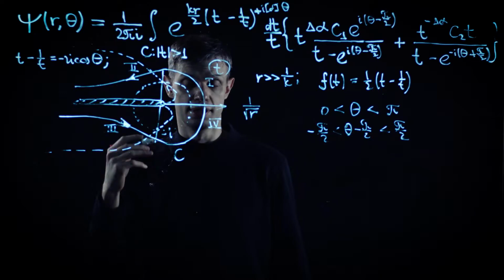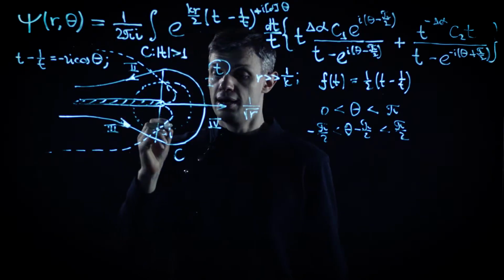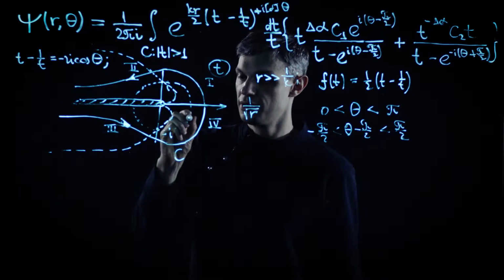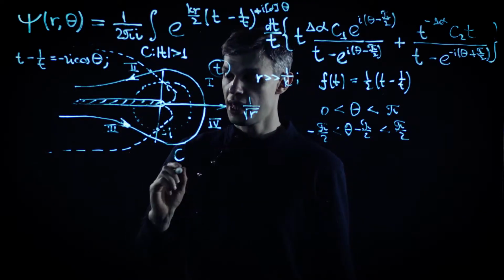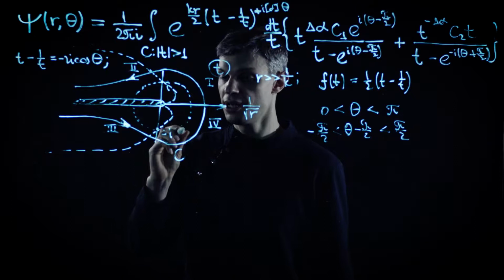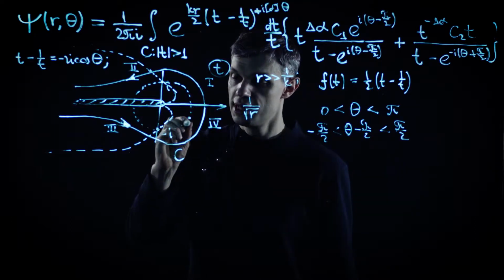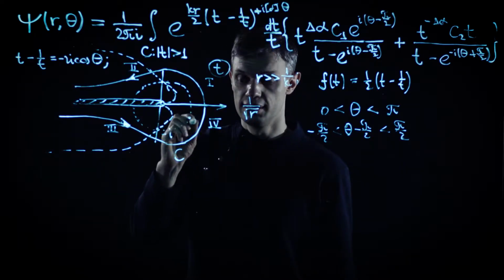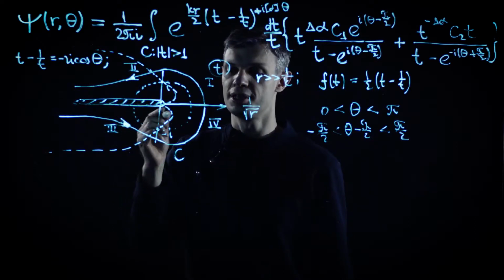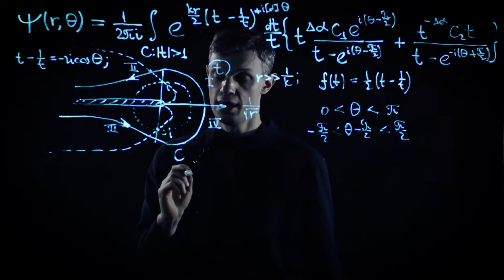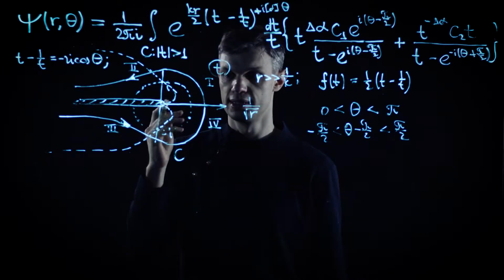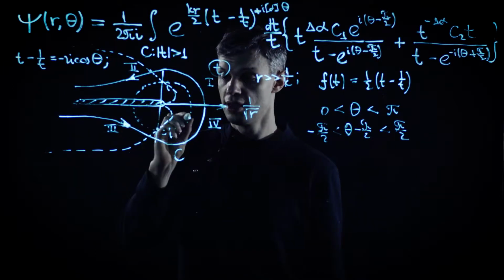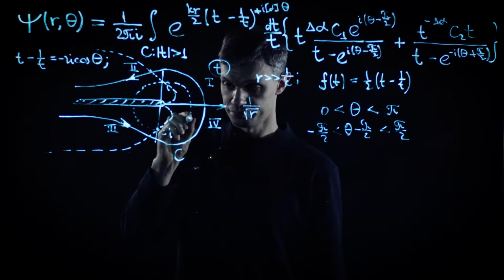So instead, what is going to happen? When we deform the contour, we will have to circle around this pole, and the correct deformation will include the residue type contribution from this pole. Okay, let's actually draw the steepest descent line or stationary phase line which passes through this pole.